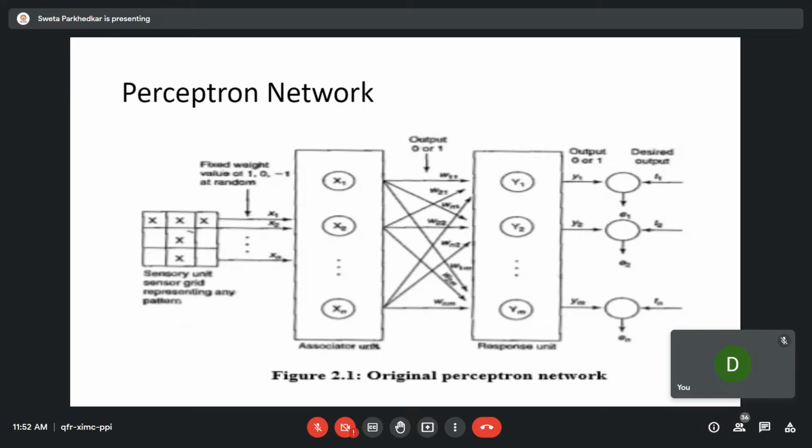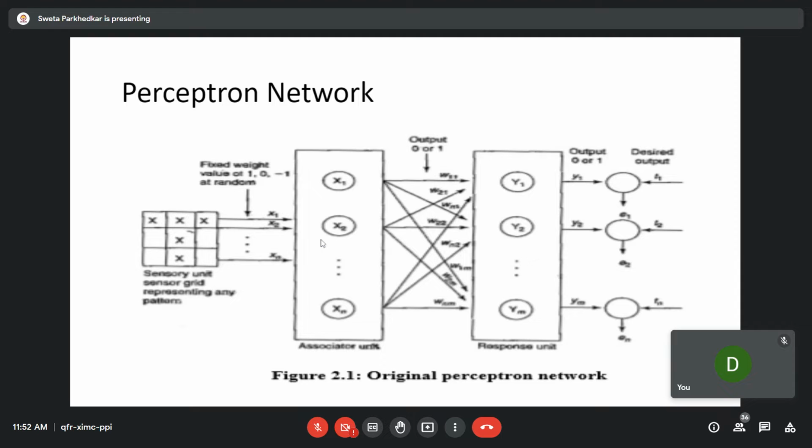Then after that, these detectors are connected randomly. All these detectors, you can see, are connected randomly to the associator unit. This one is the associated unit. The sensory units are connected at random to the associated unit.